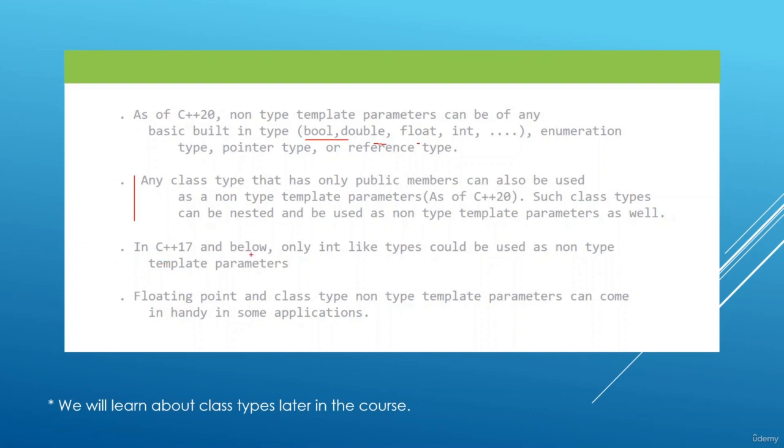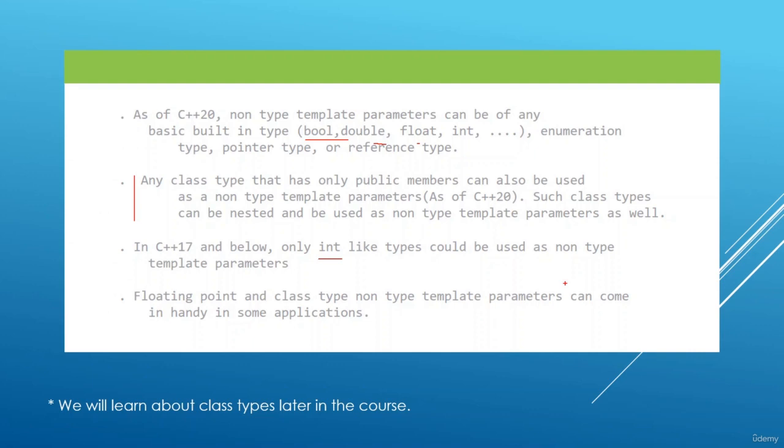But please know that if you are using a version of C++ that is equal to C++17 or below, only int-like types can be used as non-type template parameters. If you try to use double and float and all kinds of crazy things, you're going to get compiler errors.